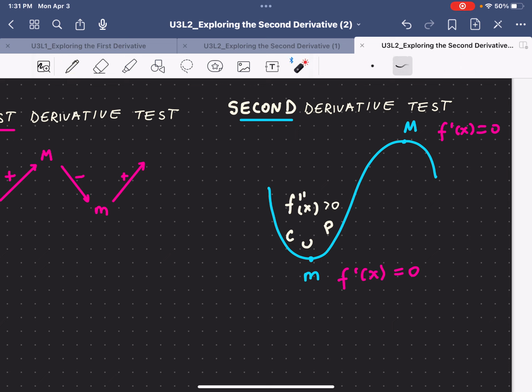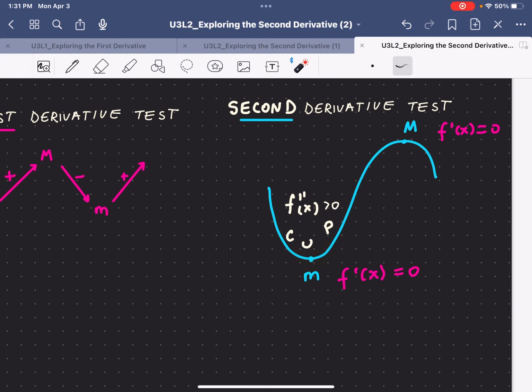So we are going to say that if we find a critical point on the graph of a function and we find out that at this critical point, so at this particular x value, the second derivative of the function has a positive value, it means that the extrema will be in a cup and it will mark a minimum.